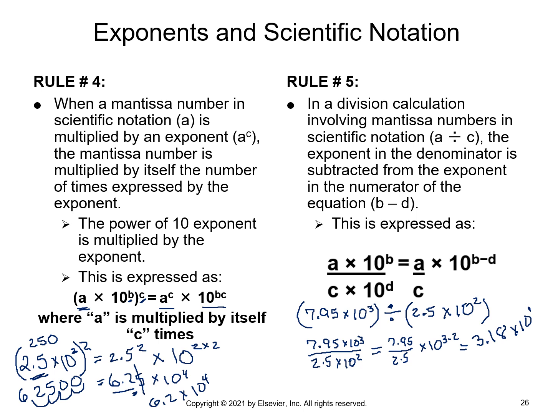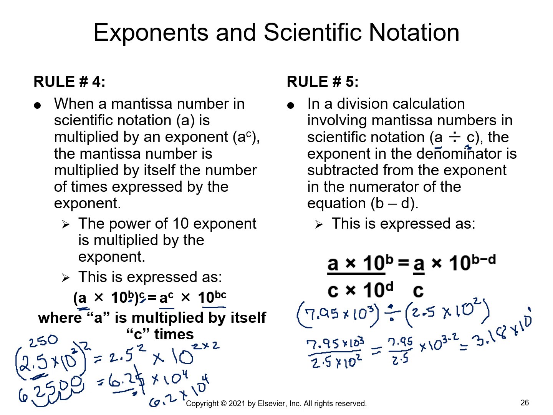In division calculations involving the numbers in scientific notation, and so this would be our numbers here, a divided by c, then the exponent in the denominator is subtracted from the exponent in the numerator of the equation. So first you have that equation.